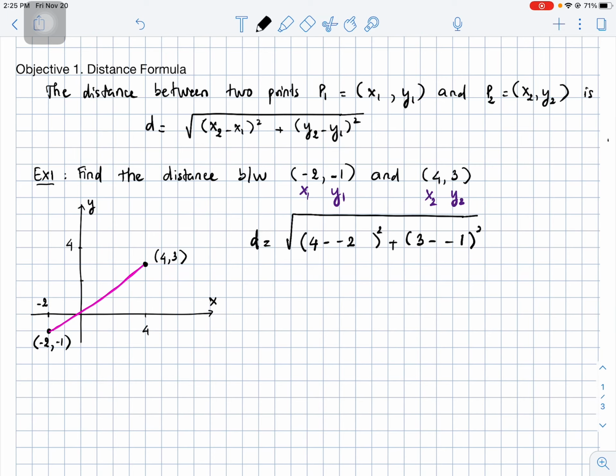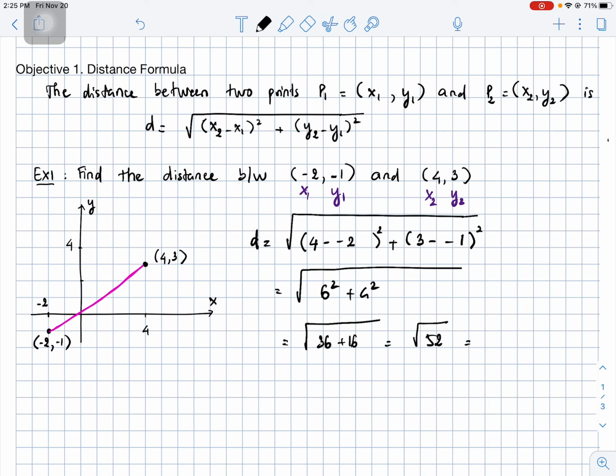And we square both parentheses. Now 4 minus -2 changes to plus, right? Plus 2 is 6 squared plus 4 squared. So we get 36 plus 16, which equals the square root of 52.